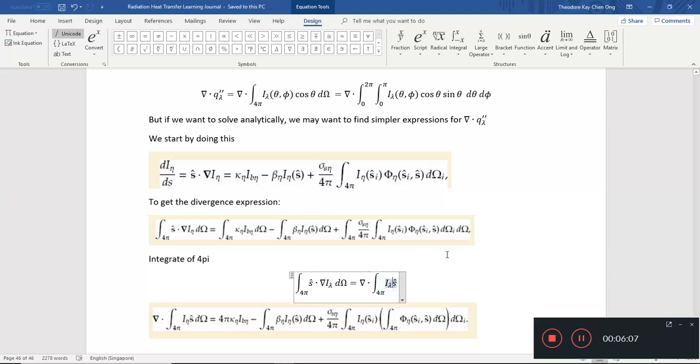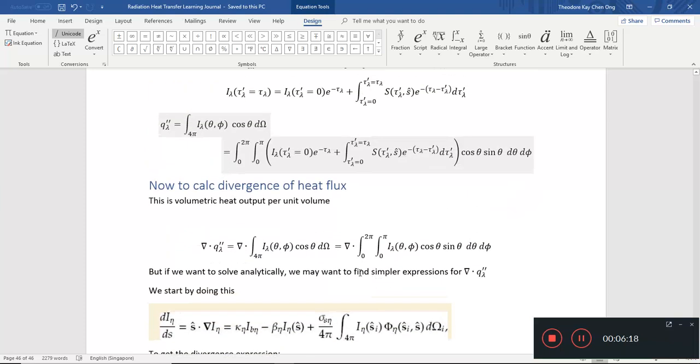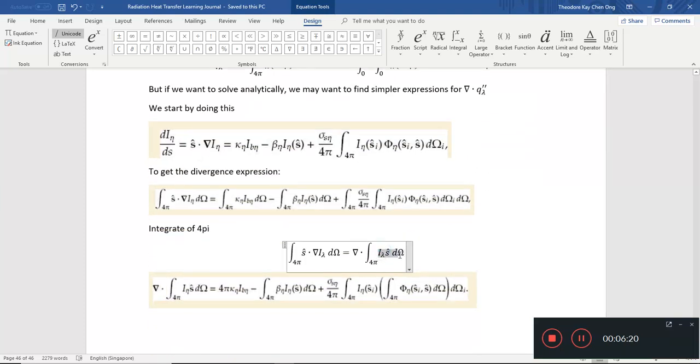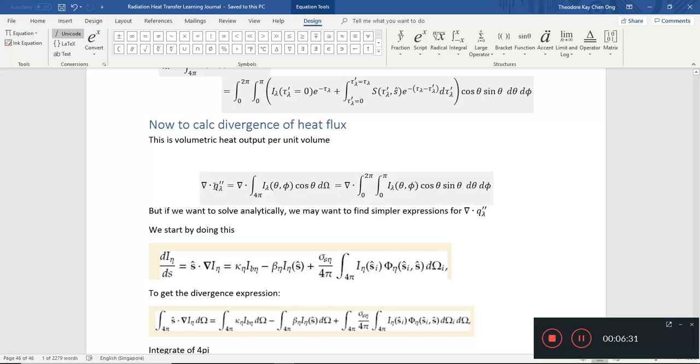Now if you're pretty sharp, you would notice that there's a big difference between this expression here, because if this is the divergence of the heat flux, it's nabla bullet q.